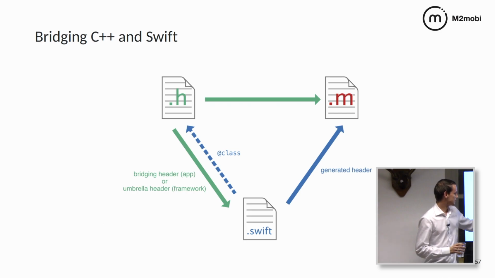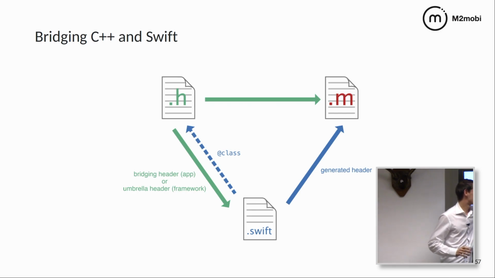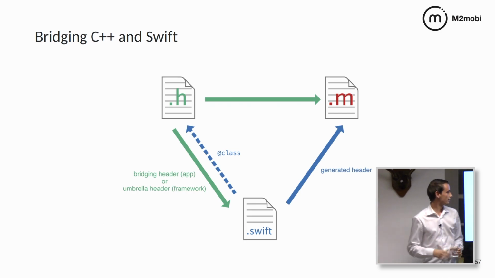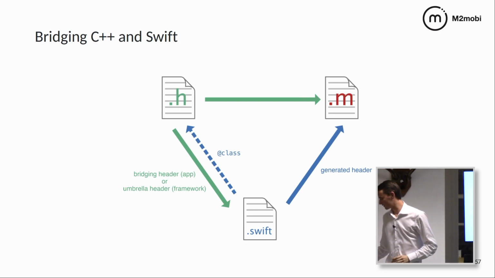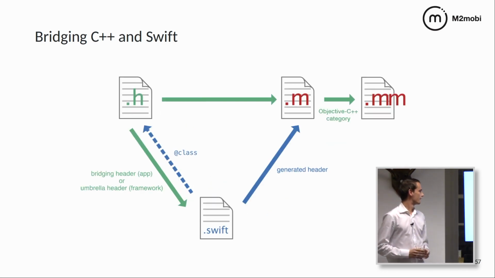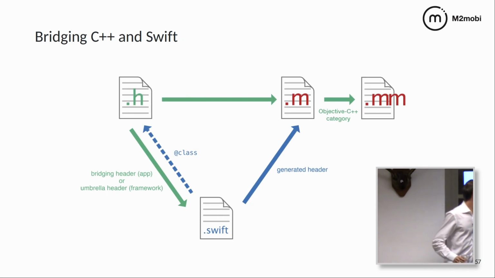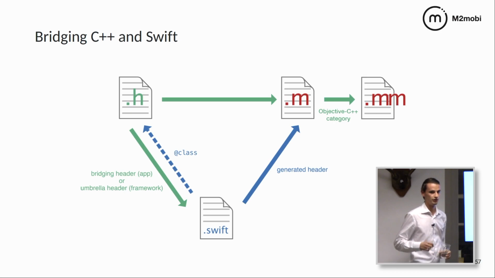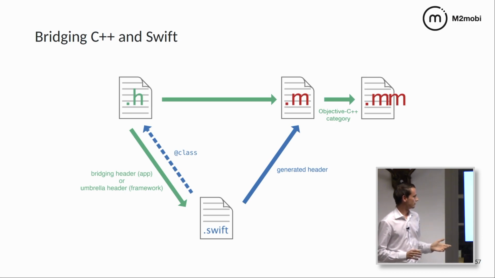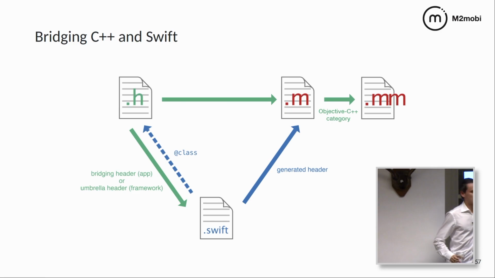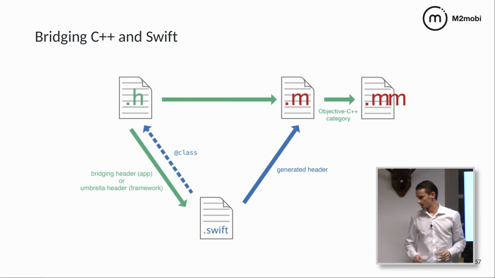So the public interface is known to Swift, and the implementation is embedded in there. But what we do different, we basically add a category to the class you want to use C++ in, and then you can use OpenCV or your image processing things.